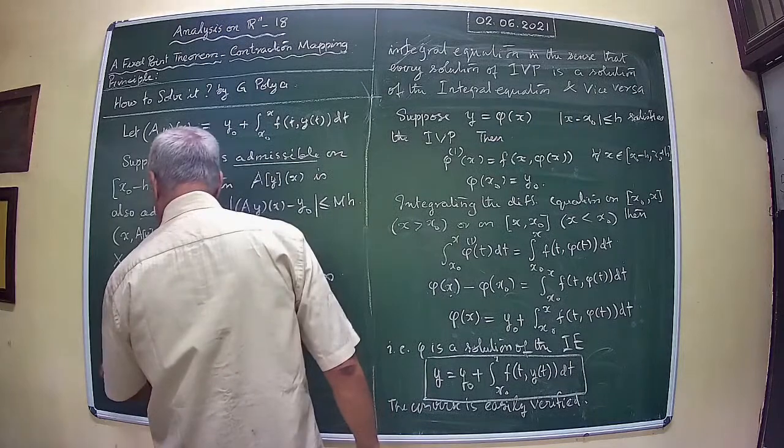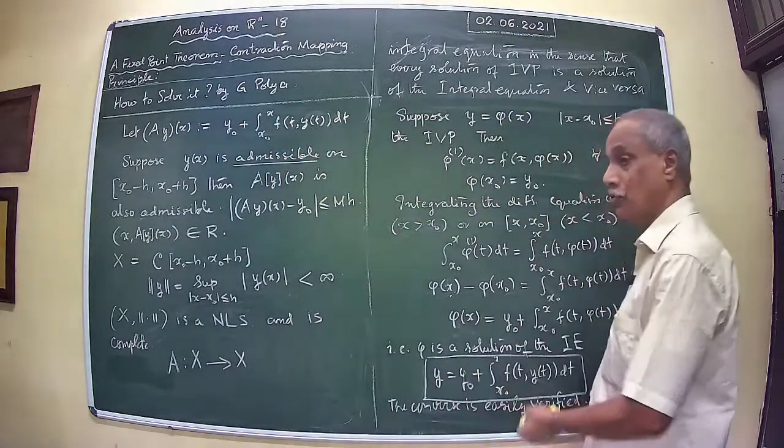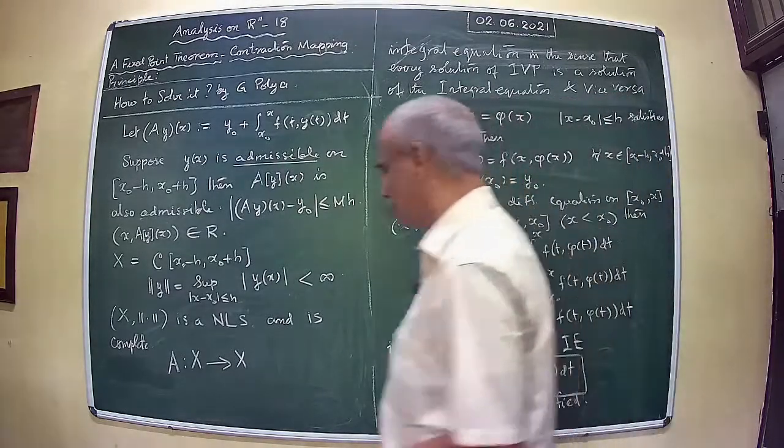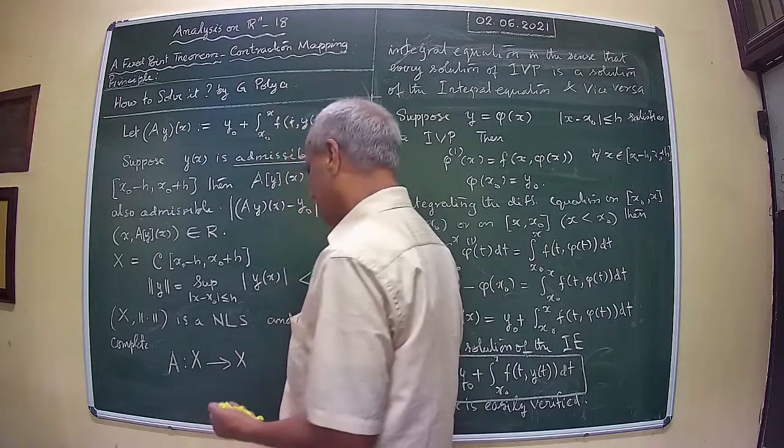So if you start with an admissible function, Ay is also an admissible function. Secondly, it's a compact interval on which you get a continuous function, or even a smoother, differentiable function. So certainly the supremum exists, etc. So this is in that. Okay.